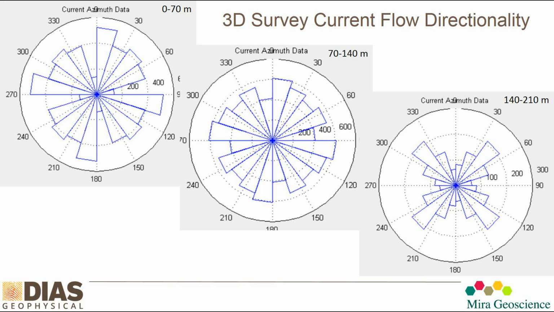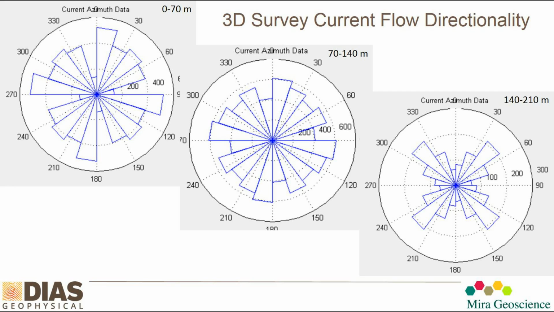We do a similar thing, we depict the directionality, or the orientation or the azimuth of the transmitter receiver using a rose diagram. And this just represents the directionality of this particular survey. And you can see here in the top 70 meters, we do have a bit of a bias in the direction of the receiver and transmitter dipoles.